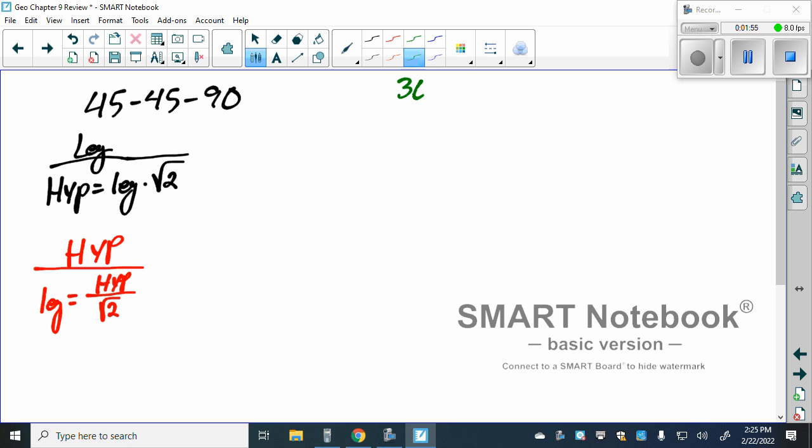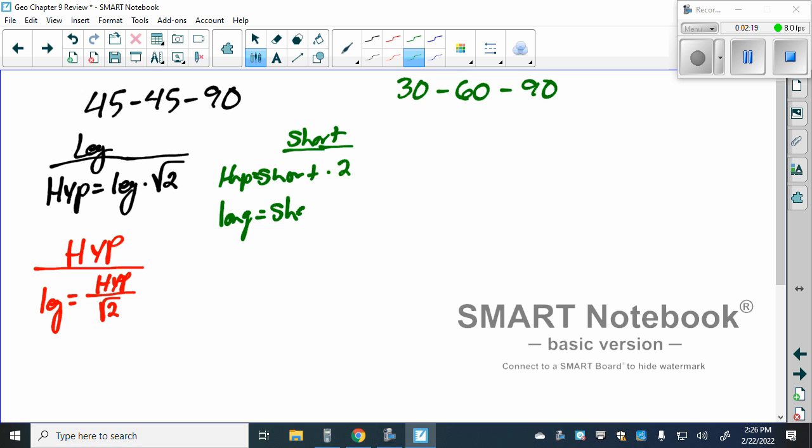Now, for the 30, 60, 90 right triangles, there's different setups that we can have. The first one starts with the short side length. If we're given the short side length to start with, we can take the short and multiply it by 2 to get to the hypotenuse. And to get to the long side length, we can take the short side length and multiply it by the square root of 3.